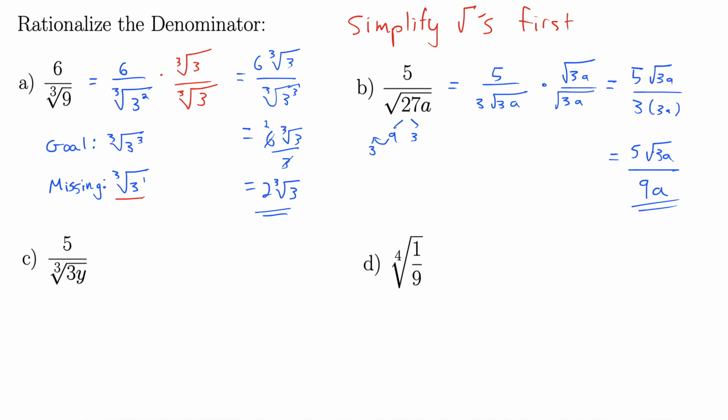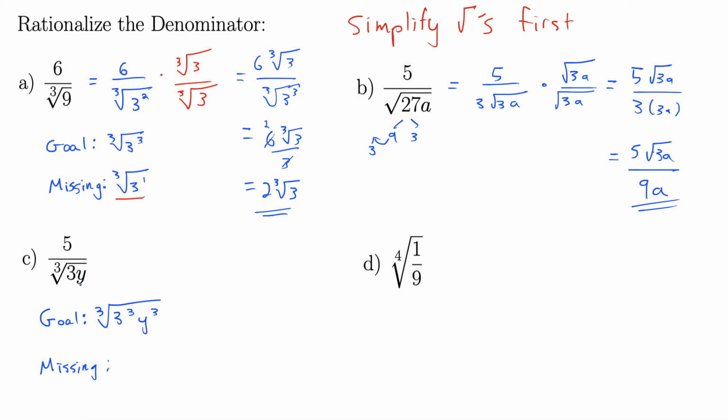Let's look at C. We have 5 over cubed root of 3y. All right, let's use our technique again. We have our goal. We want to get rid of this radical in the denominator, so we want to have the cubed root of 3 cubed y cubed, right? Because then these come out of the radical. So we're missing, well, let's see here.